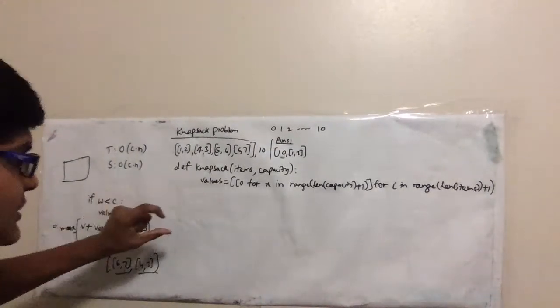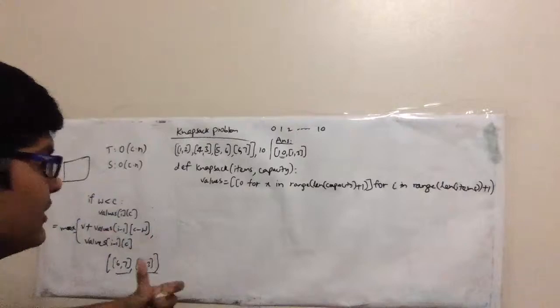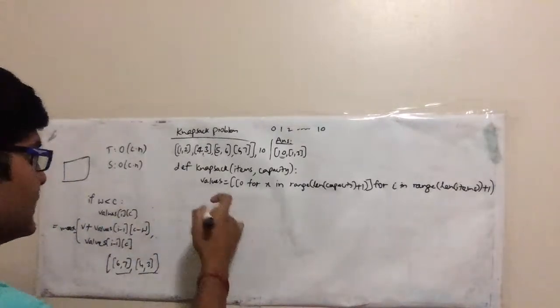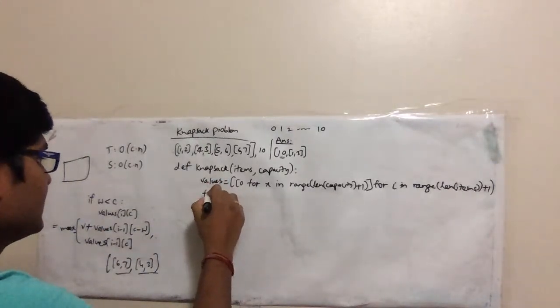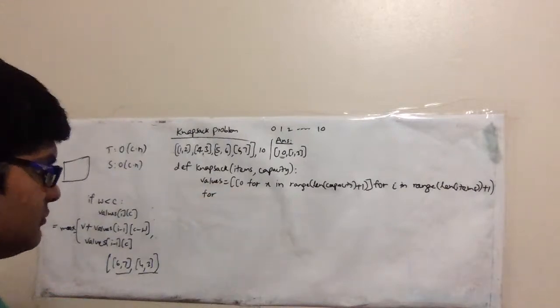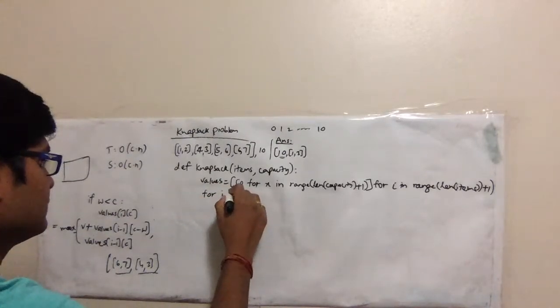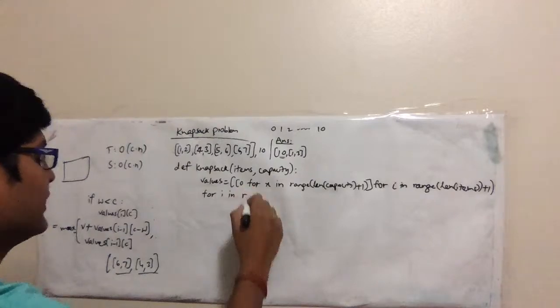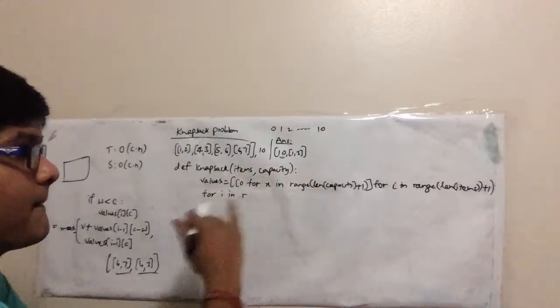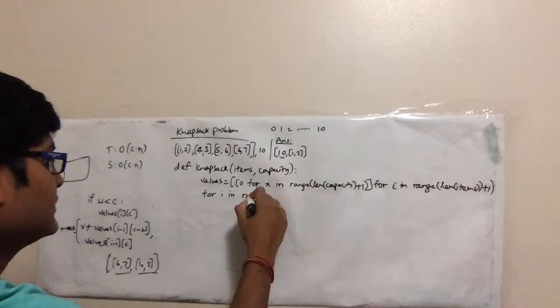So we need to proceed with the calculation. Here we need to iterate for i in range. We need to iterate in the row.